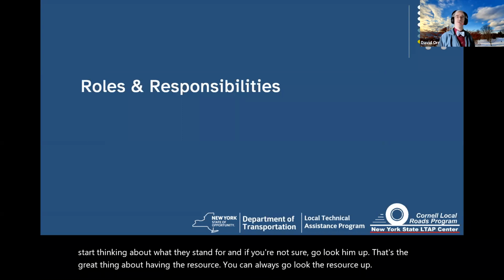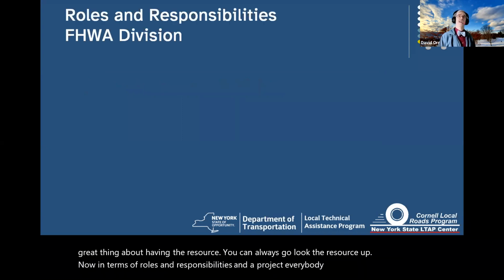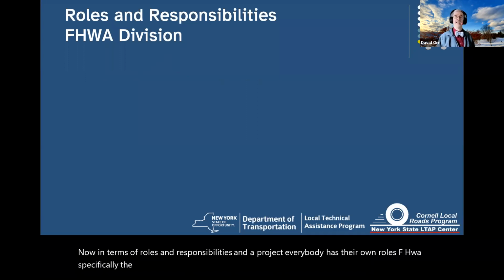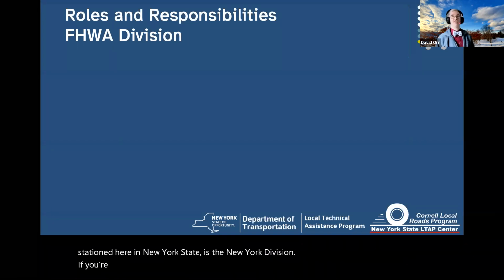Now, in terms of roles and responsibilities in a project, everybody has their own roles. FHWA, specifically the division, which is really just a fancy way of saying the FHWA office stationed here in New York State is the New York division. If you're in Massachusetts, it would be the Massachusetts division and so on.